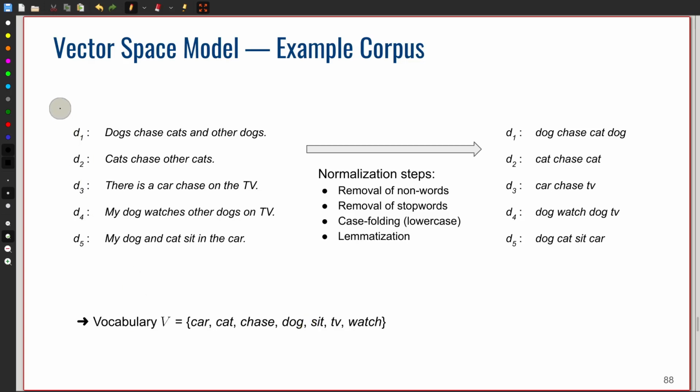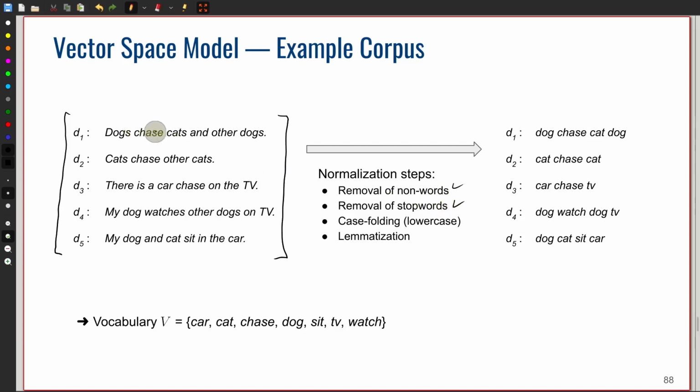First, let's have a look at our example corpus that we use in the following. On the left-hand side, you basically see the very simple corpus containing 5 sentences. And over this corpus of 5 sentences, we applied a set of very common normalization steps. So, for example, we remove all non-words, which are essentially the punctuation marks. We remove all the stop words.